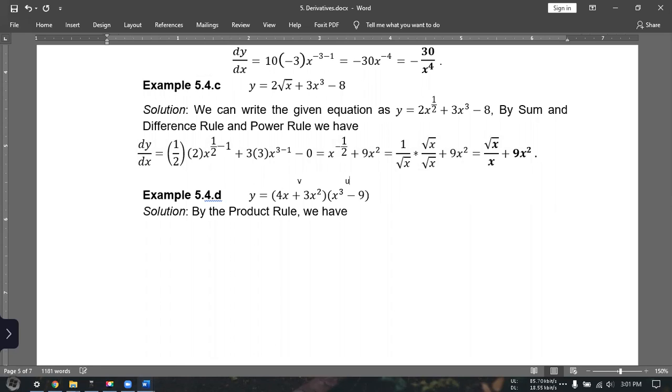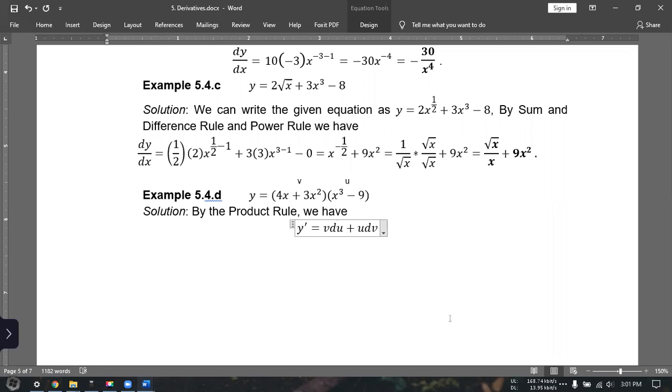Our first factor is v and our second factor is u, so that the derivative is again v du plus u dv. V derivative of u plus u derivative of v.